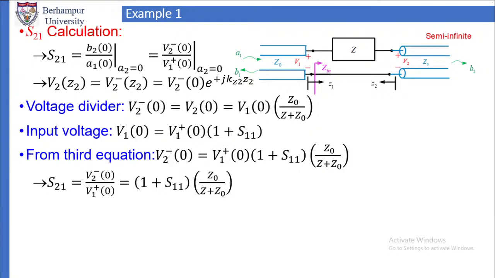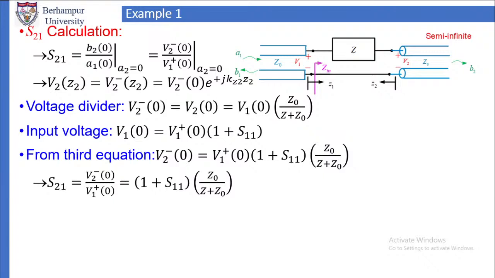Now if I take V1 plus to the left hand side, I will divide both the sides by V1 plus. Then I will get S21, which is V2 minus by V1 plus, that will be 1 plus S11 into Z0 by Z plus Z0.